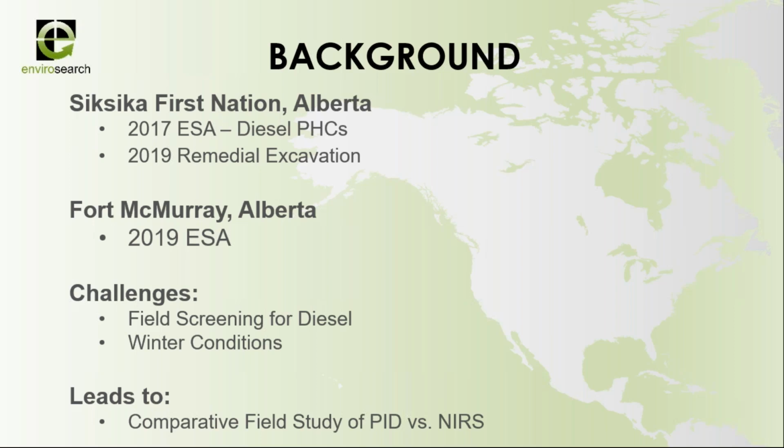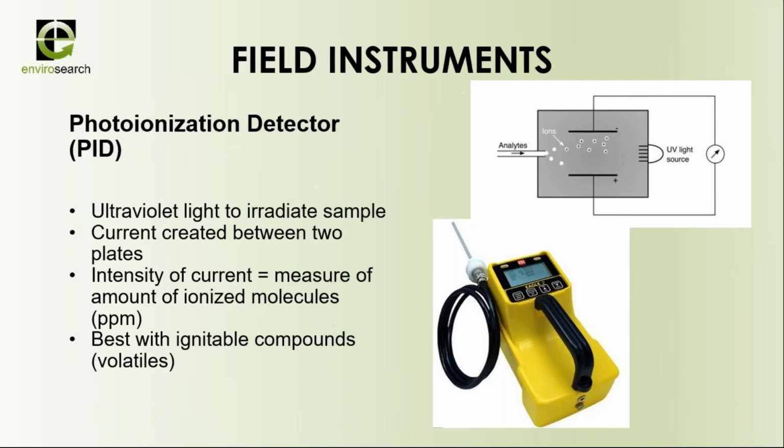Both sites involved diesel storage locations, so it was field screening of diesel-related contamination under winter conditions. The Siksika work was done in January of that year, and the Fort McMurray site was done in December.